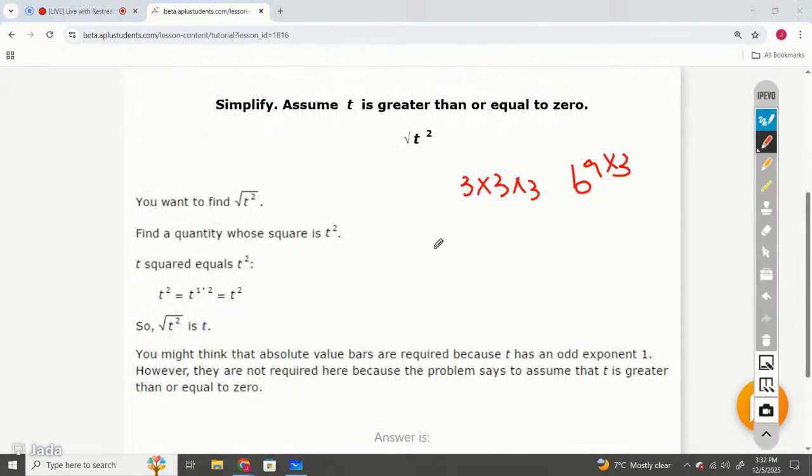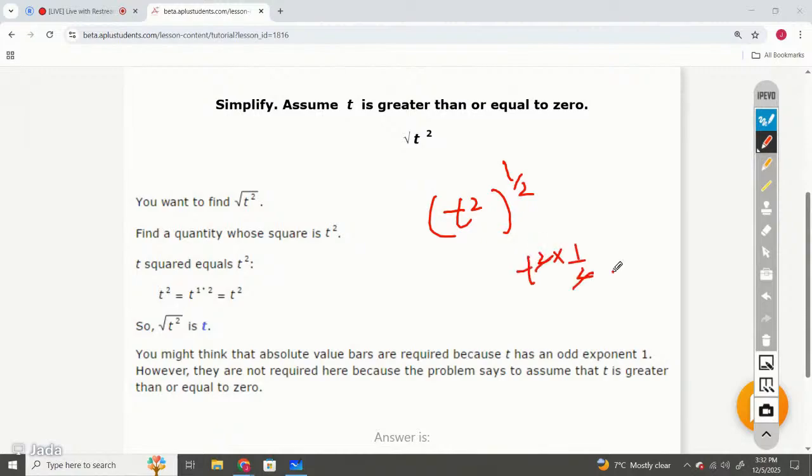Basically, square root means exponent 1 by 2, right? So t square times 1 by 2. 2 and 2 cancel out. We are left with t.